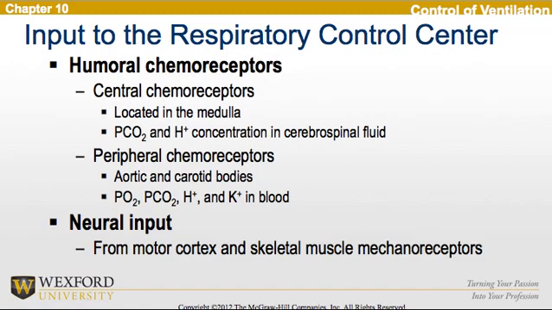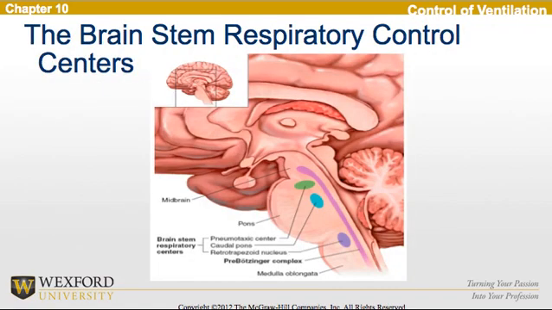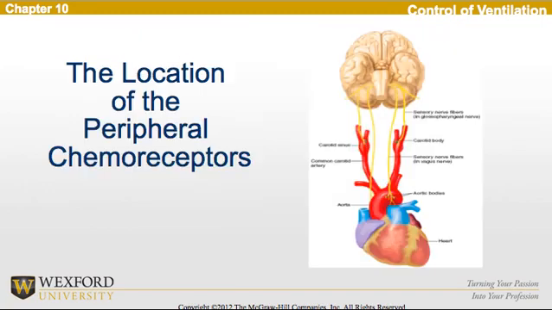There's also neural input that comes from the motor cortex and skeletal muscle mechanoreceptors. Here's a diagram that represents the brainstem and the respiratory control centers. And this is a diagram that shows the location of the peripheral chemoreceptors.